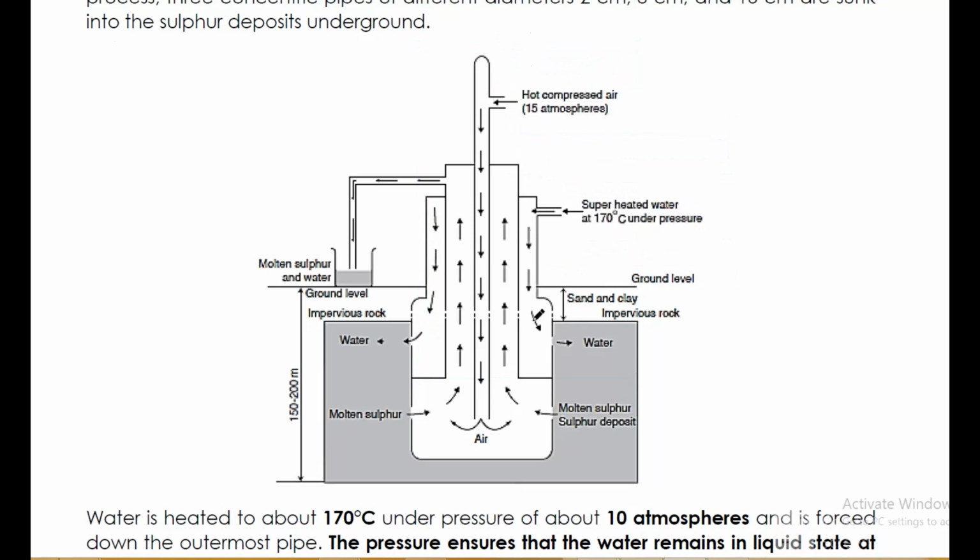Alafu, the outermost, hii ya nje, kitu inaingia hapo ni superheated water at 170 degrees Celsius. Na lazima tujue the work of the superheated water and the work of the hot compressed air. And then sasa hii ni mahali sasa inatokelezea. Sasa ile ikisha hiyo pressure ikitoka hapa juu inaifinya, inapanda, alafu inatokelezea hapa, inakuwa collected huko.